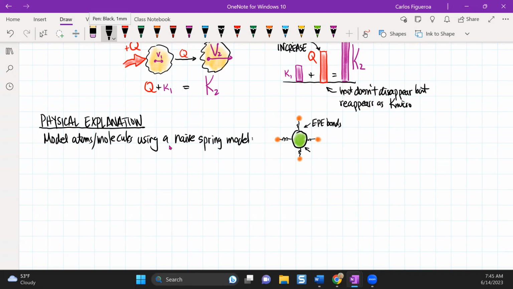Maybe I should have said that this was the nucleus here, and these are the electrons. It turns out that's too much work to draw. So I'm going to imagine that I have a nucleus, and instead of drawing little springs, I just draw straight lines. These represent the bonds.